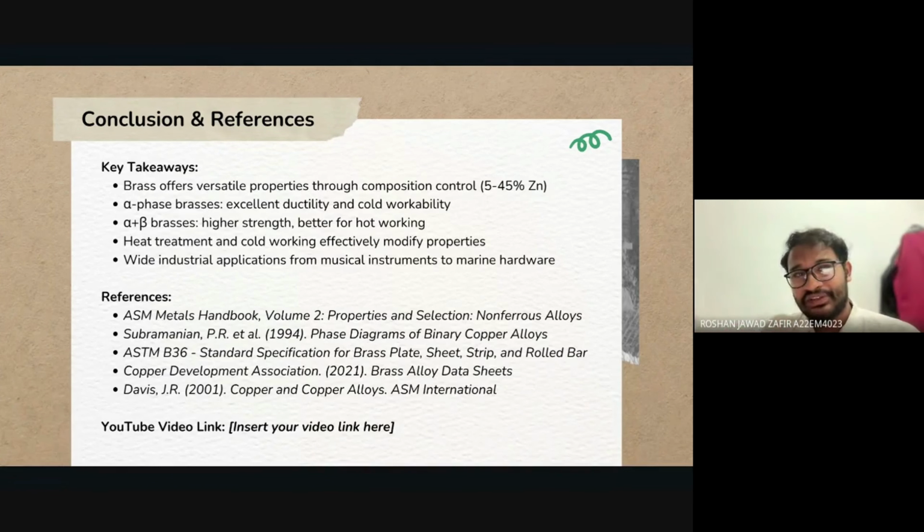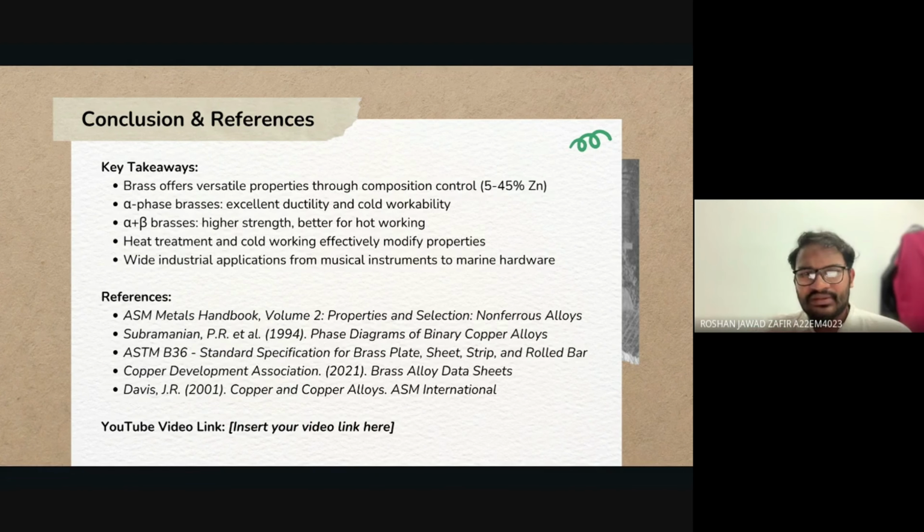I have explored how brass combines copper and zinc to create one of the most versatile alloys. From the phase diagram, we understood how zinc content controls microstructure and properties. Calculations like the ones that were shown help us predict and optimize alloy compositions for specific applications in certain fields.